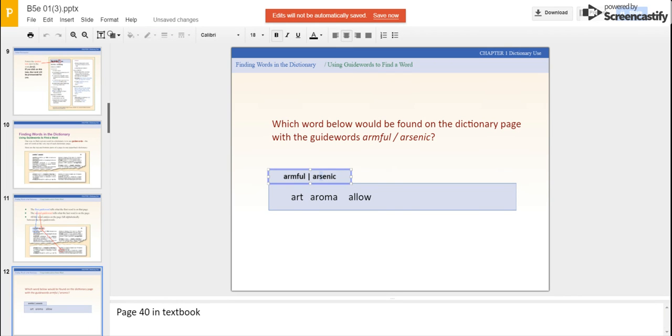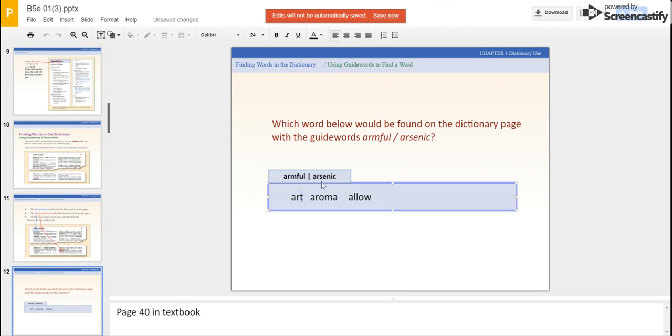For example, allow is not going to be on this page because AL, the letter L, comes before the letter R in the alphabet. So allow is going to be a few pages earlier than anything on this page. The word art is not going to be on this page because the last word on this page is ARS.